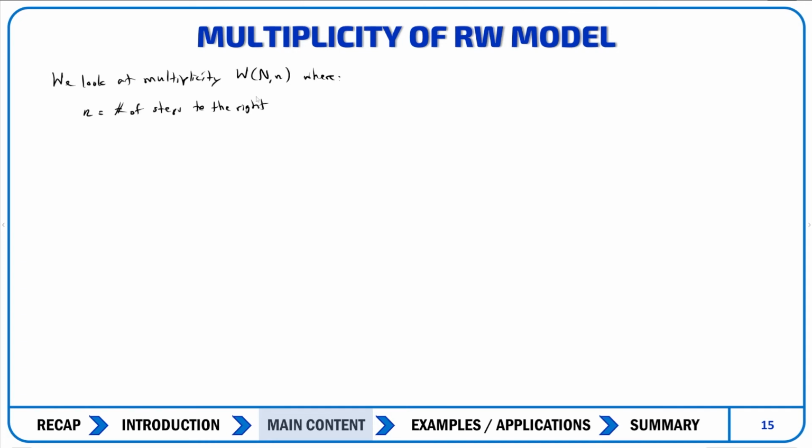And just remember, we are focusing on two-state systems. So basically, when these steps take place, the steps can only be forward or backwards, or left and right. So N minus n will then be the number of steps to the left. And then capital N would be the total number of steps taken.